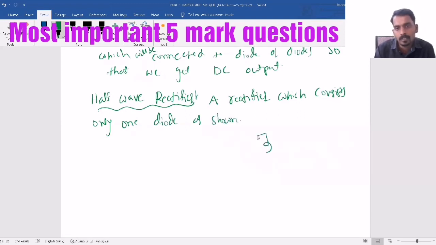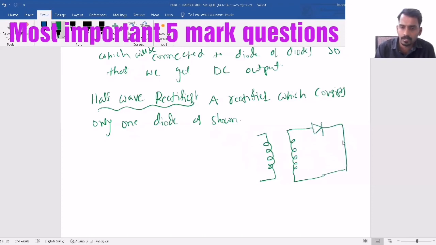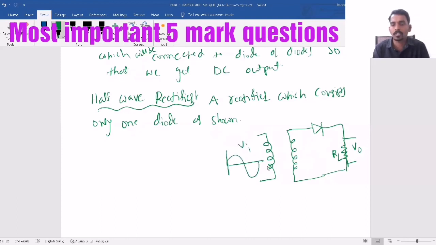See, this is the primary coil, this is the secondary coil, and here one diode will be connected, and here you connect one load resistor across which we will collect the output. So here we apply our input across the primary coil, which is near to the secondary coil.